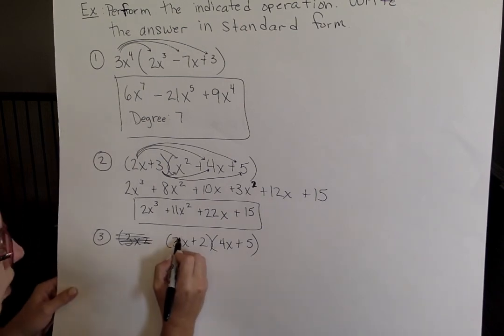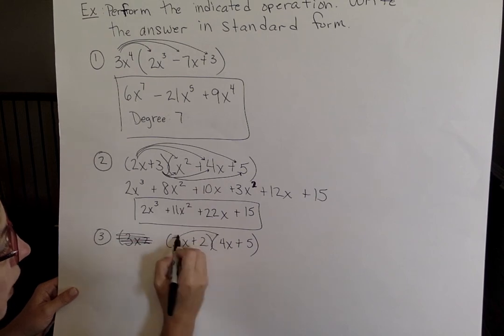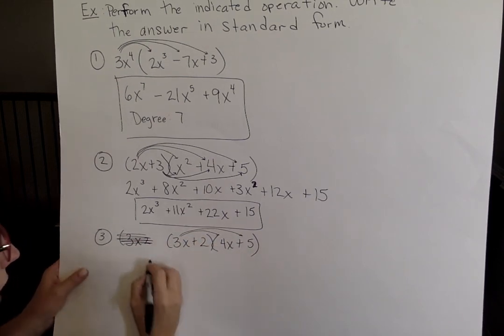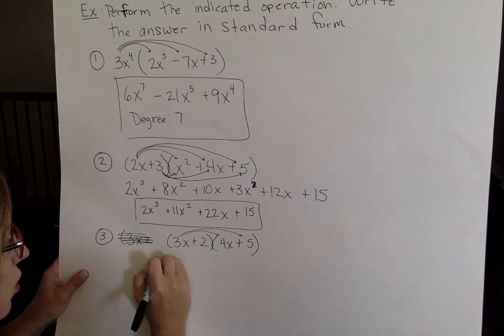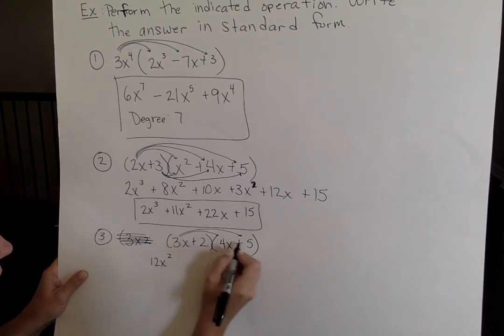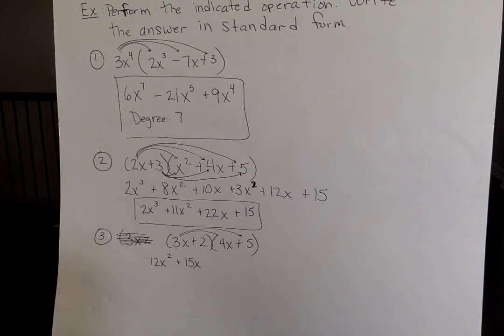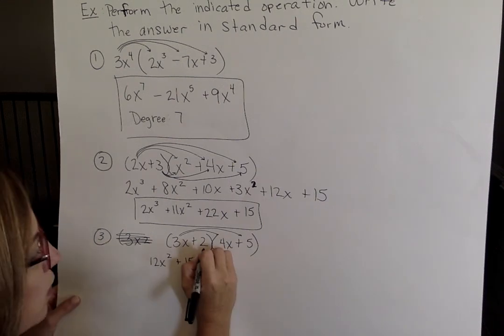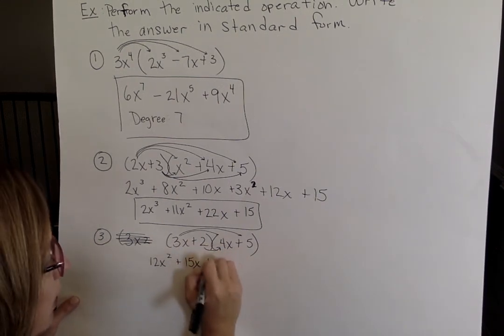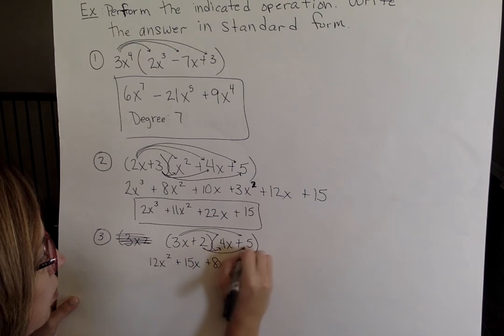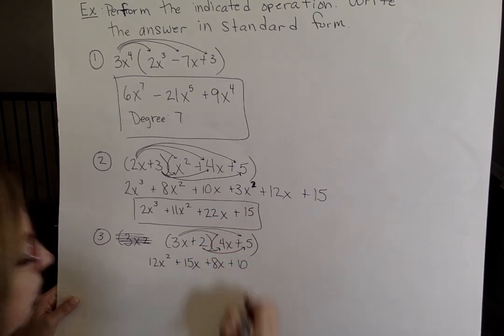We'll start with 3x, so 3x times 4x and 3x times 5. 3x times 4x is 12x squared. 3x times 5 is 15x. Then we'll distribute the 2 to each term in this polynomial. So we have 2 times 4x, which is 8x, and 2 times 5, which is 10.